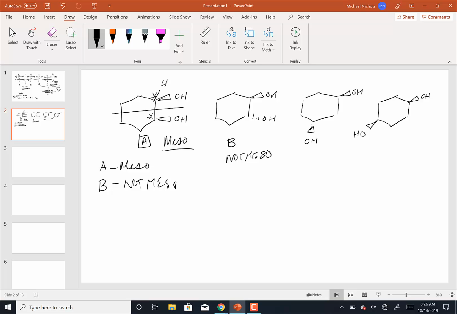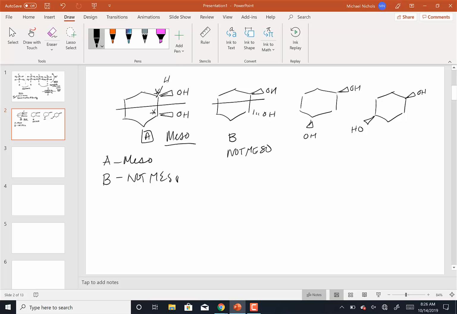Yes. But that plane does not cut the molecule in half, because, well, that's what's called the C2 axis of symmetry. I would have to rotate 180 degrees to get the OH lined up. So that is not a mirror plane. So B is not meso. Everybody okay with that?